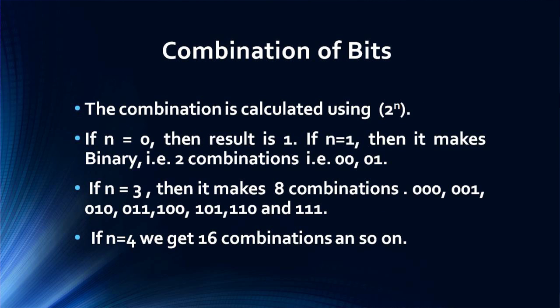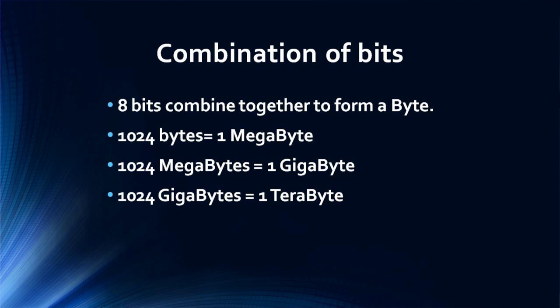A combination of 3 bits is also there. They make 8 combinations: 000, 001, 010, and so on. A combination of 4 bits together makes a nibble. 8 bits combine together to form a byte.